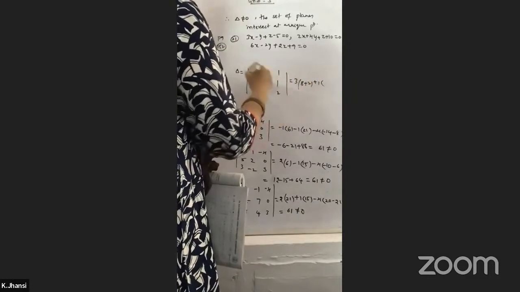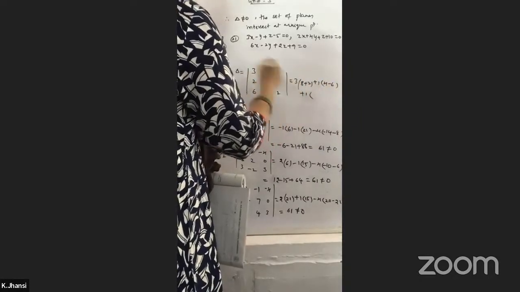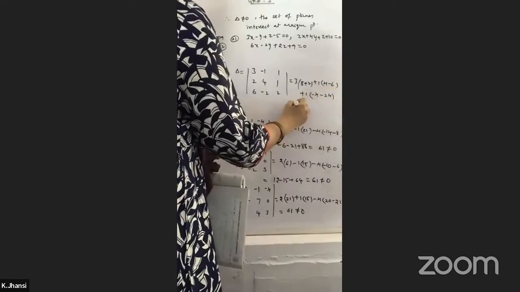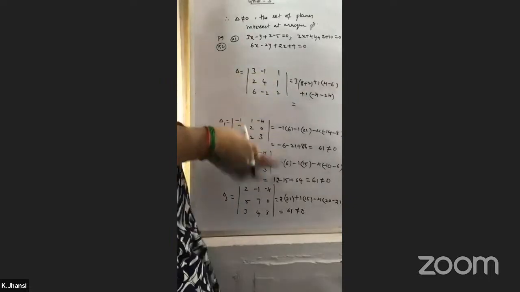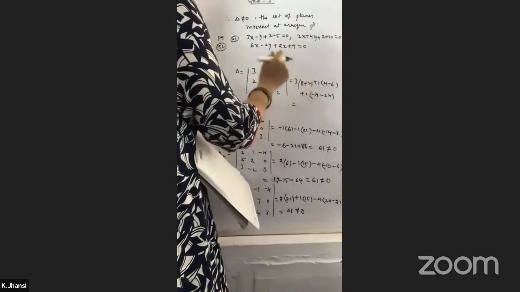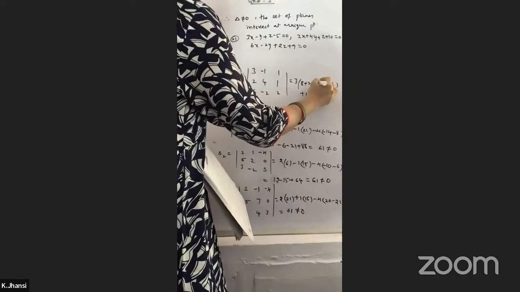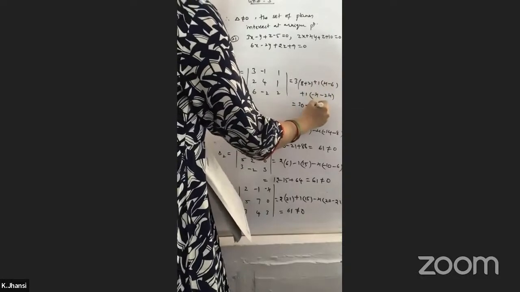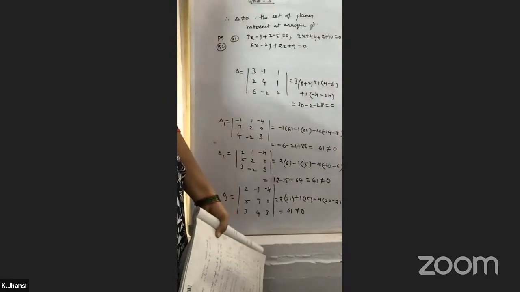This is plus 1 into 2 times 4 minus 6 plus 1 into minus 4 minus 24. So you do the simplification. This is 8 plus 2 is 10. 10 into 3 means 30. Minus 2, minus 28 you will get. So it is equals to 0. So delta value you are getting as 0.